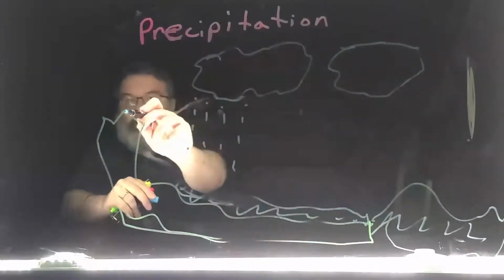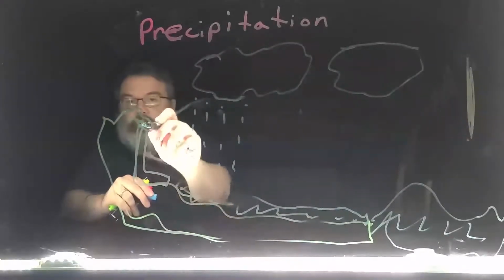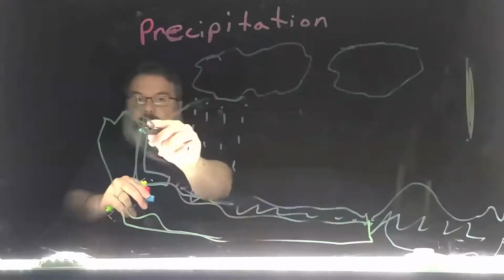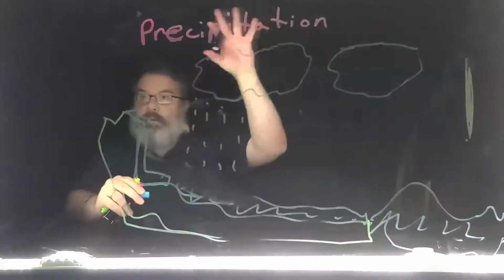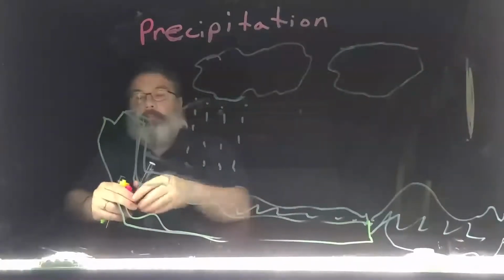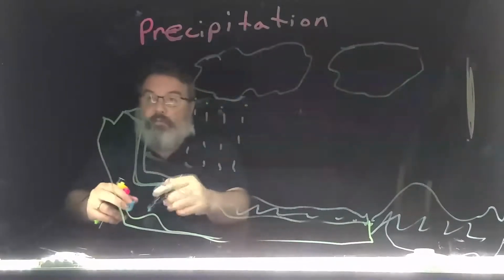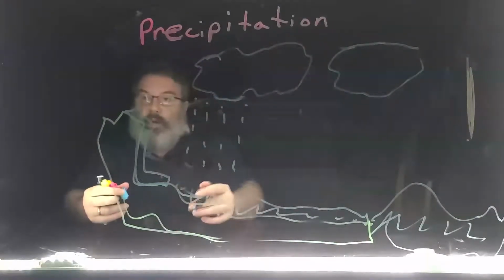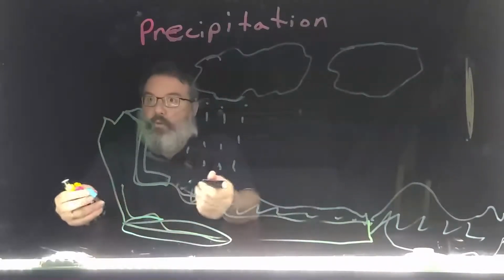So high up in the mountains, you may have a glacier, ice and snow, storing water there. Snow that remains up high up in the mountains, we're storing water there. And you can also have water which can infiltrate down into the ground and sit down under there as groundwater.